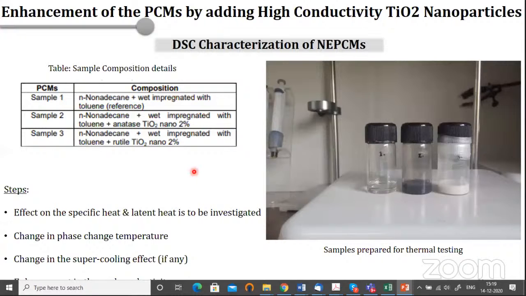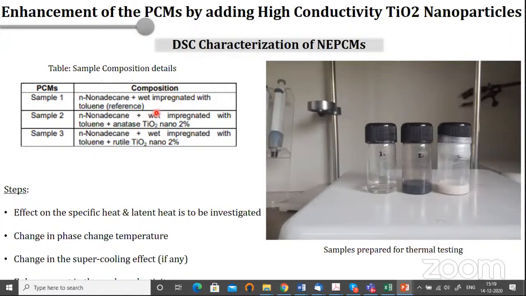The phase change material we have taken is nonadecane. So we have one sample without any impregnation of nanoparticles, one with the anatase type, one with the rutile type, and one with only the phase change material.